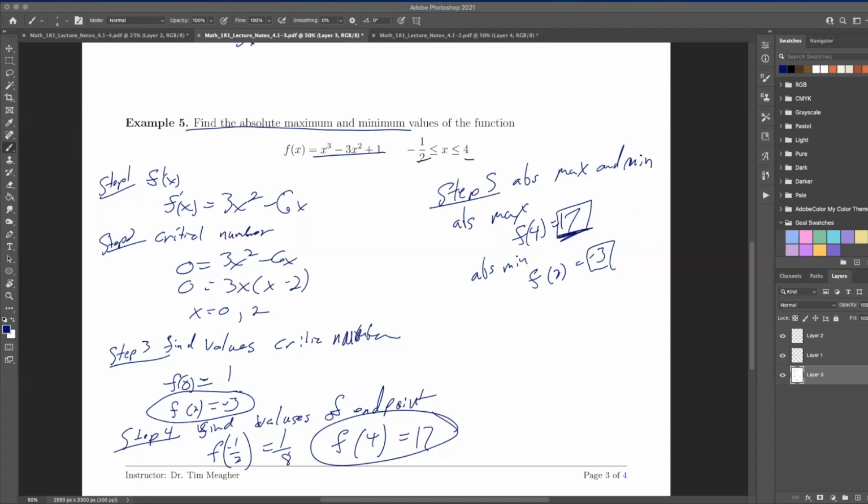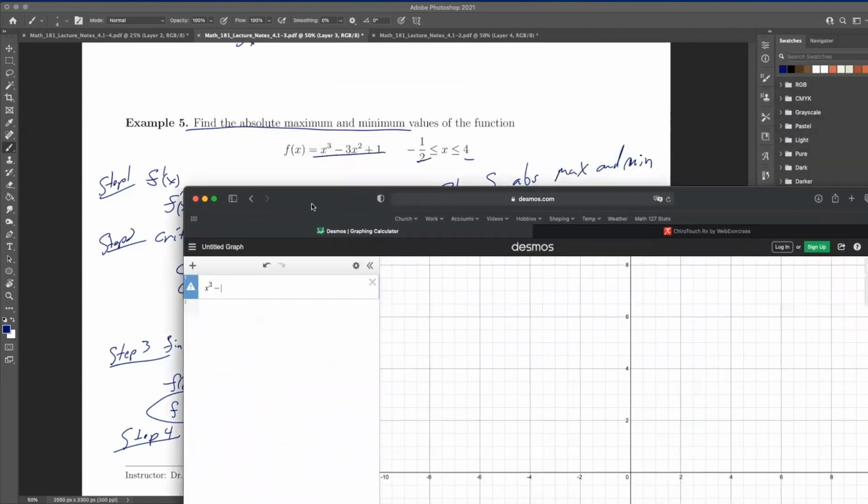Let me show you what I'm doing. I'm just in Desmos, just typing this in. Please type stuff into the graphing calculator and look at it visually. Most of you are visual learners, even though I'm not. Is there a way to define where x is between minus 1/2 and 4?